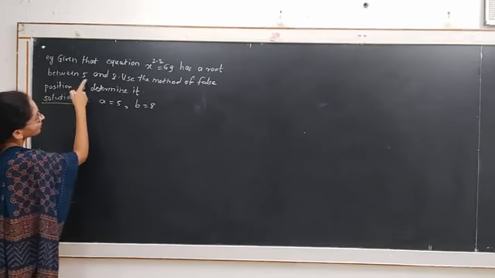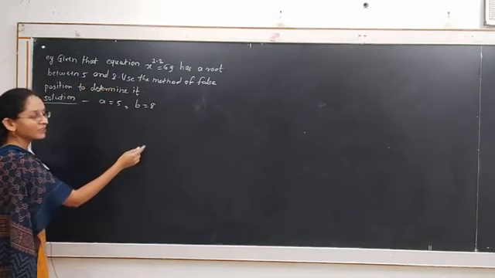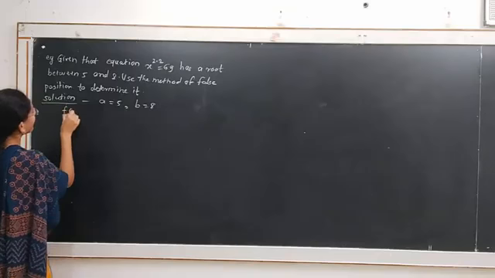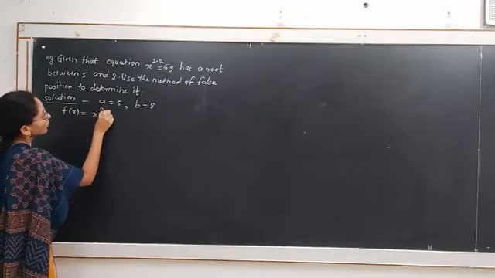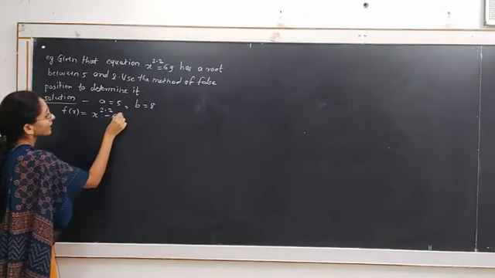It is given that the root lies between 5 and 8, hence f of a into f of b must be negative. What are the values of f of a and f of b? Consider the function f of x equal to x raised to 2.2 minus 69.